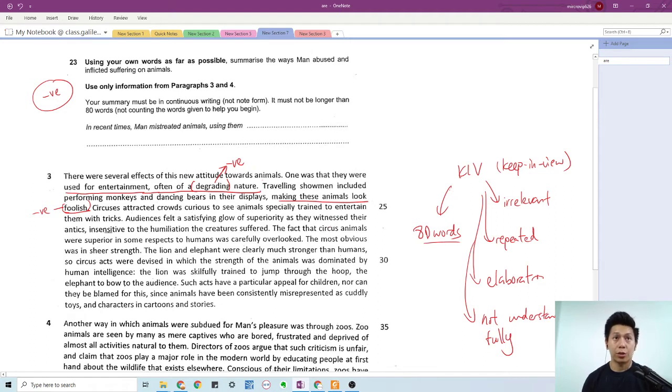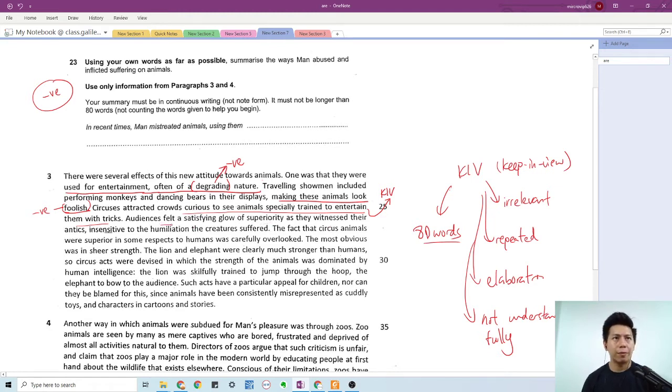Circuses attracted crowds curious to see animals specially trained to entertain them with tricks. Now, I'm not too sure if this is a point, like animals are being trained to entertain with tricks. It doesn't really have anything negative to it, but it does tell us maybe it's a way that we use animals, so I'm just gonna KIV this. Audiences felt a satisfying glow of superiority as they witnessed their antics.